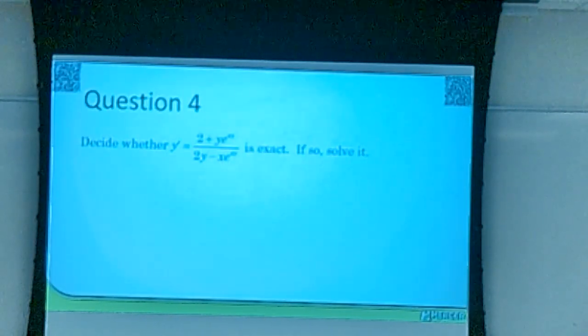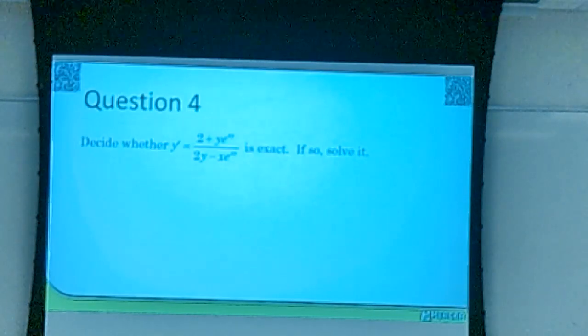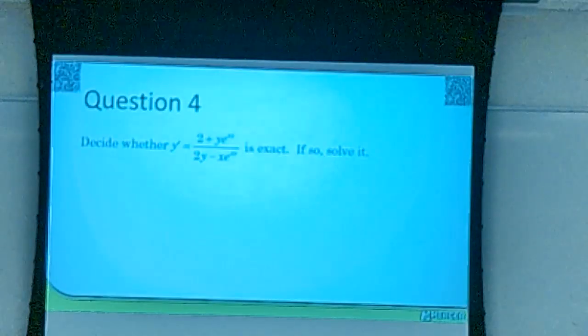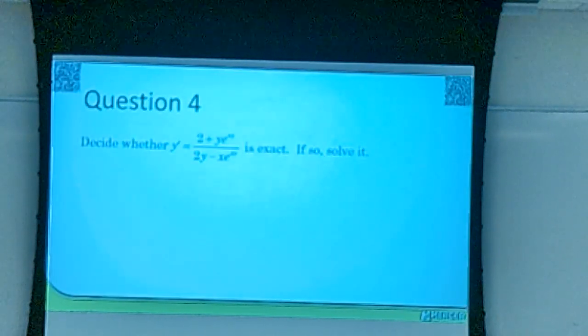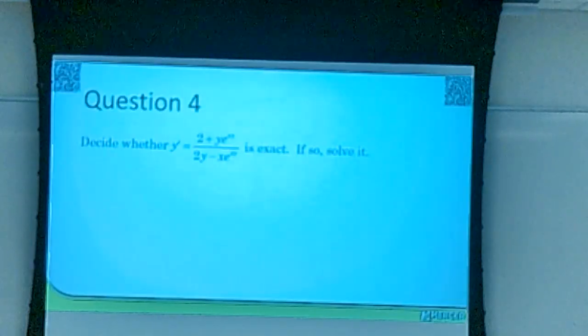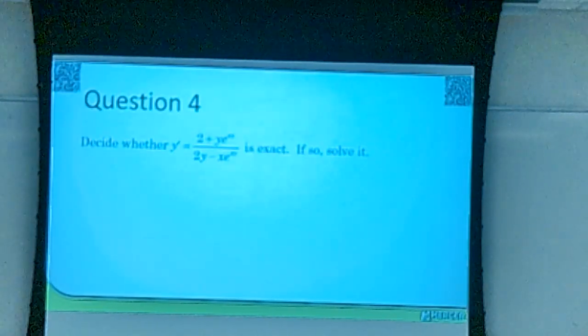We need to determine if this is exact. The very astute should be able to see what M and N are from this. But if not, we need to write it in proper form. What's another way of writing y prime?